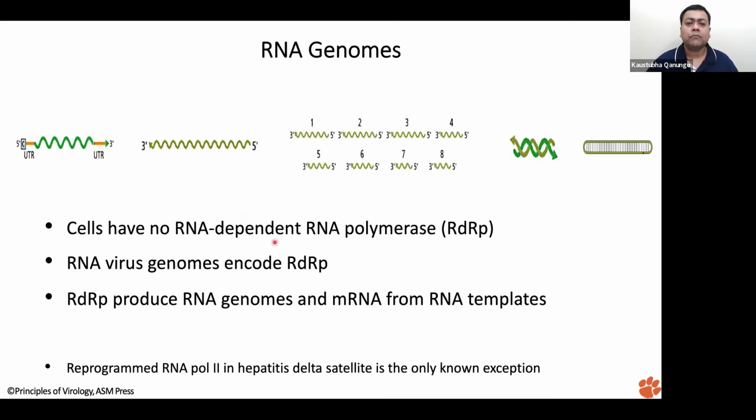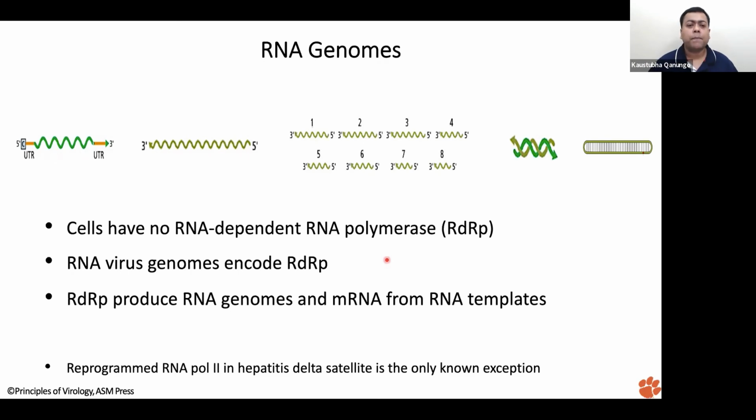So here you have a unique enzyme which is an RNA-dependent RNA polymerase, and this is needed for most, I say most, just one or two exceptions, to replicate their genome. And many of the times these are inside the virion, and these are not supplied by the host. And many of the RNA virus genomes encode the RdRp, or RNA-dependent RNA polymerase, and they produce the RNA genome, mRNA, from the RNA templates, not a separate enzyme. The same enzyme, by a different mechanism, can make the mRNA as well as the genome RNA.